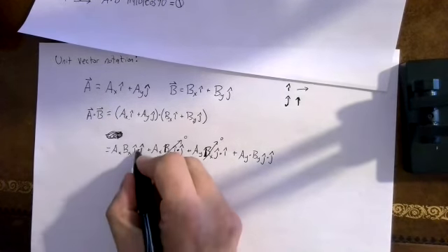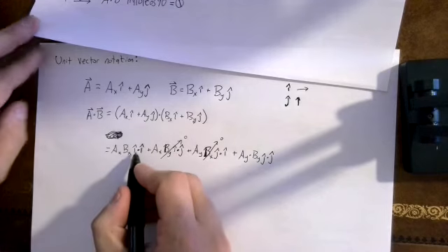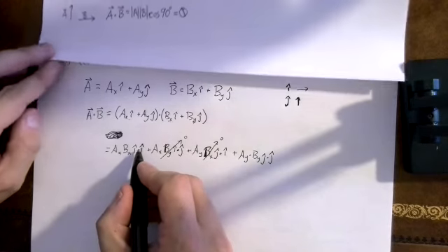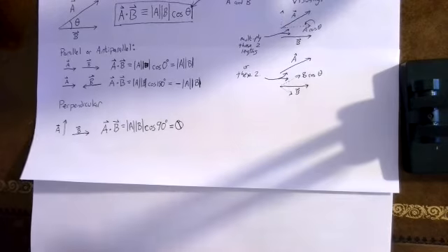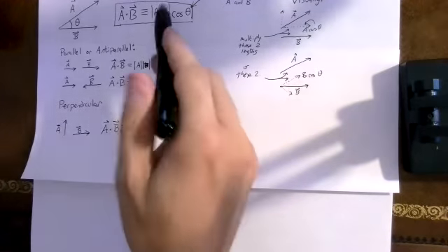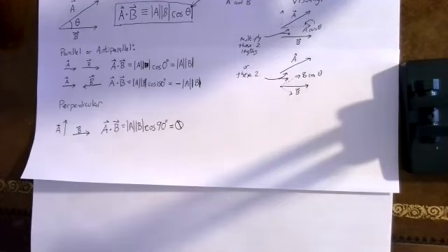What about over here? I've got an i hat dot i hat. Can I simplify i hat dot i hat down? If I look at one of these shortcuts, what am I going to get if I do i hat dot i hat? Cosine 0 degrees, which is 1.